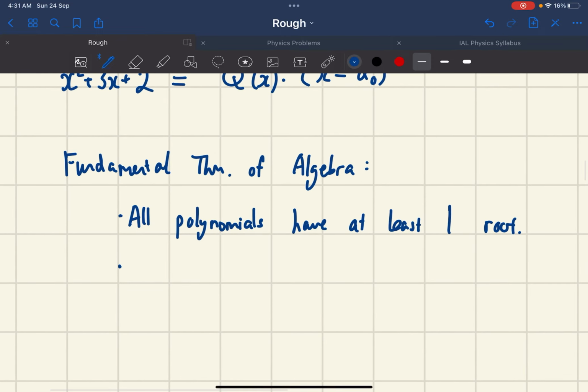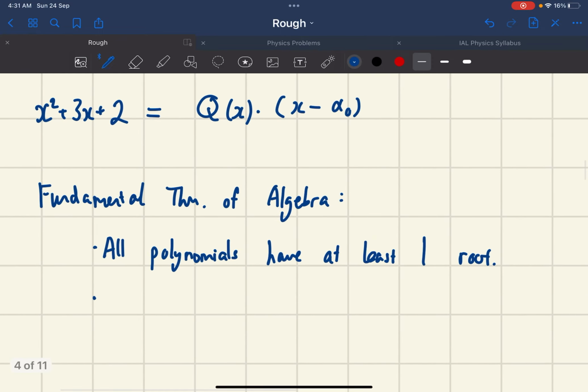Now what happens, right? If a polynomial has at least one root, we can factorize it into another polynomial. Now this other polynomial that's inside here is also a polynomial, so it has a root again by this theorem.